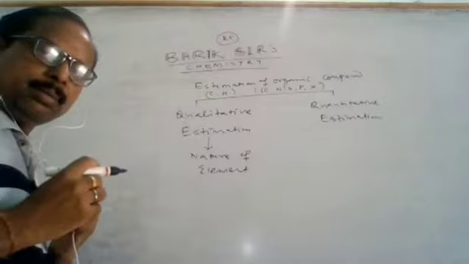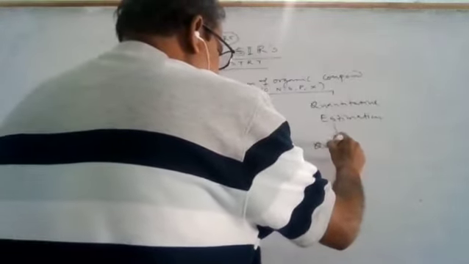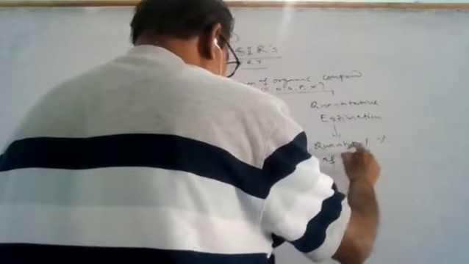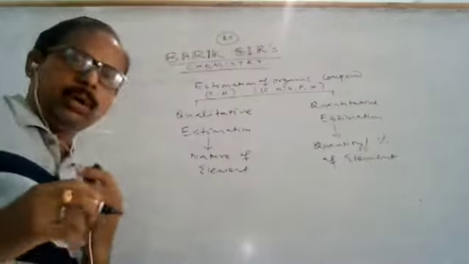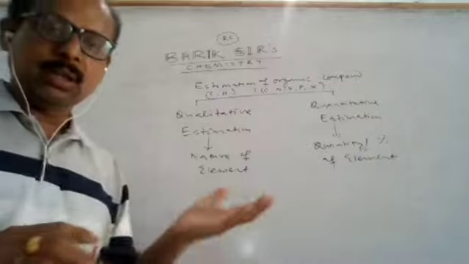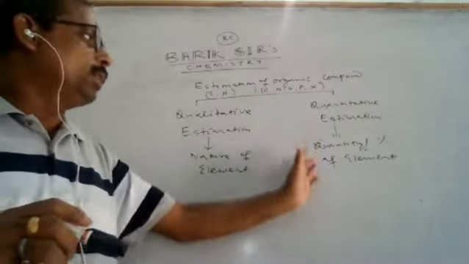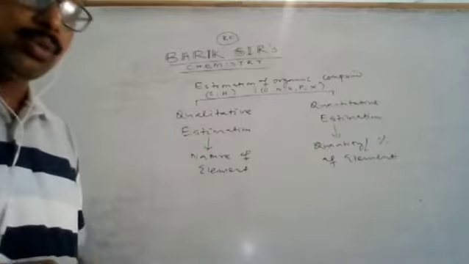In quantitative estimation, we can know the quantity or the percentage of element present in the organic compound. So we are going to discuss the two parts: the qualitative estimation and the quantitative estimation. Okay, you can note down.